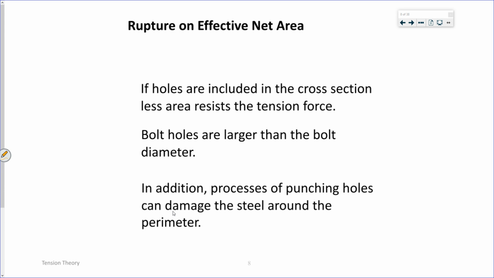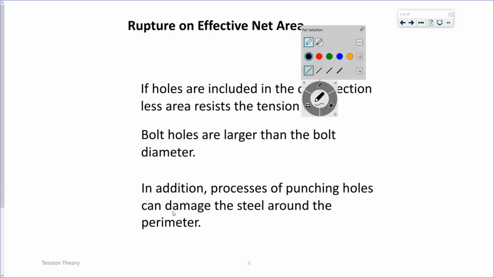Say we have, maybe I should have drawn a tension member, right? We have a tension member. It has a force on it, and that force is over this cross-sectional area.